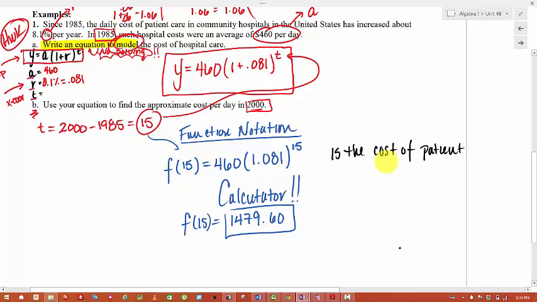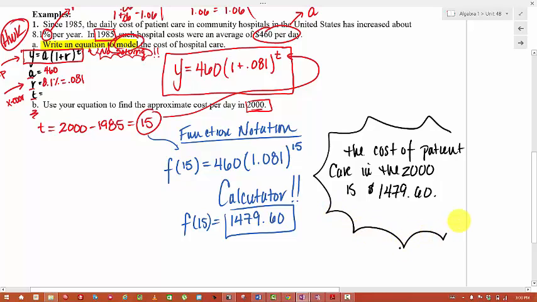All right, the cost of, let's say the cost, hold on, we'll get that corrected. The cost of patient care in the year 2000 is $1,479.60. And we could make that a little bit more explicit.